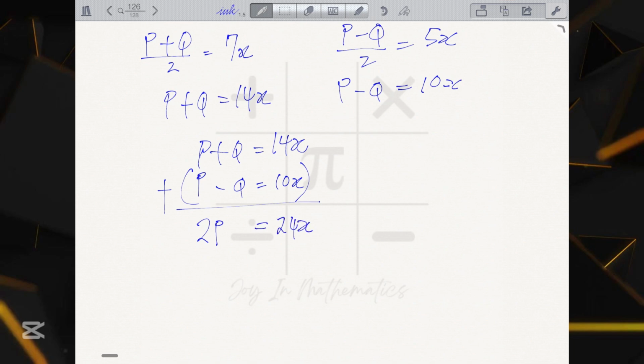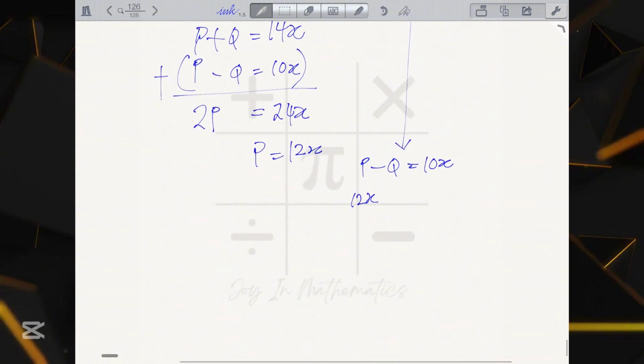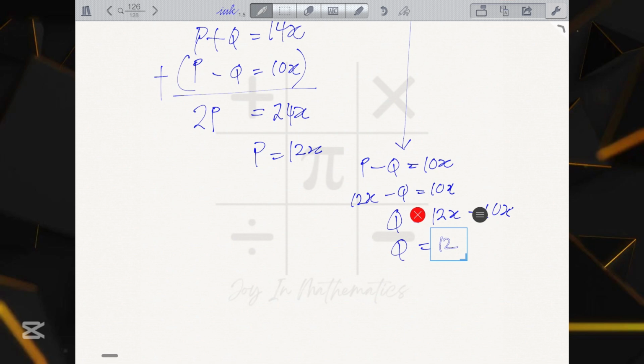So with that, we have that p is equal to 12x. From here, where p minus q is equal to 10x, therefore 12x minus q is equal to 10x. We find that q will be 12x minus 10x, therefore q is equal to 2x. So we have p is equal to 12x and q is equal to 2x.